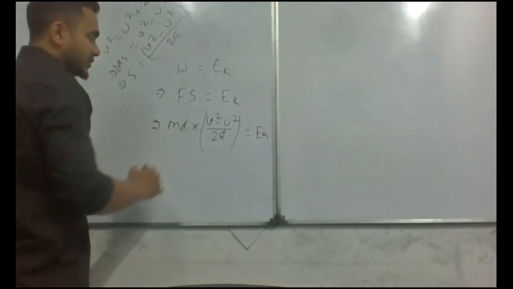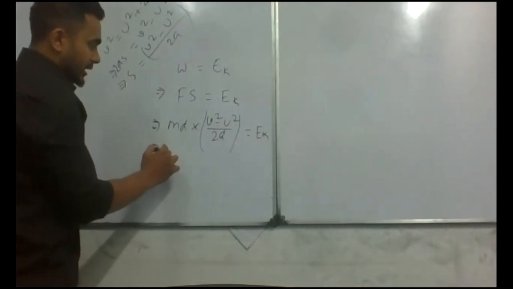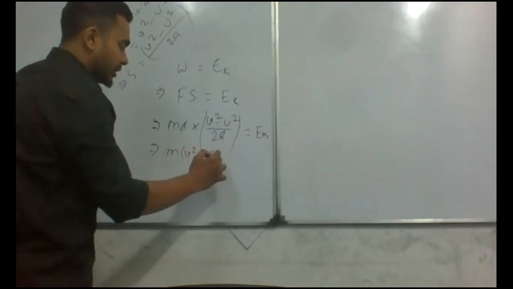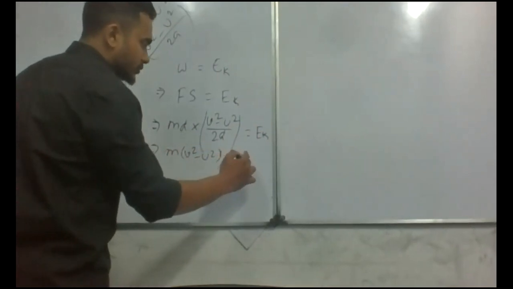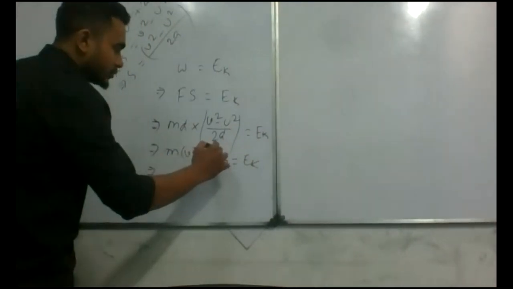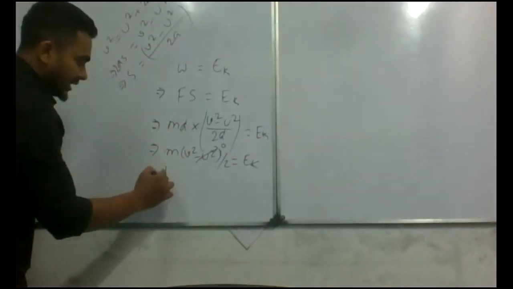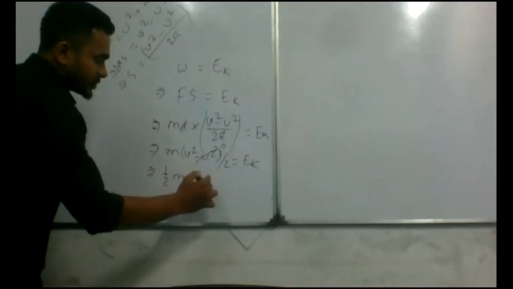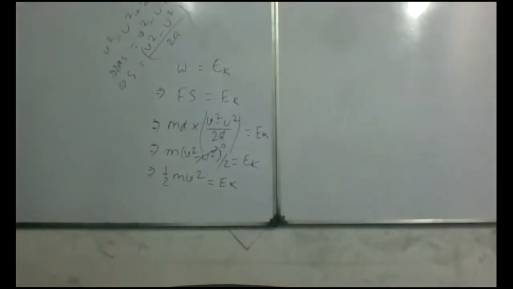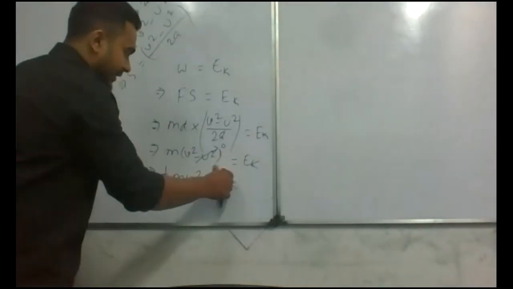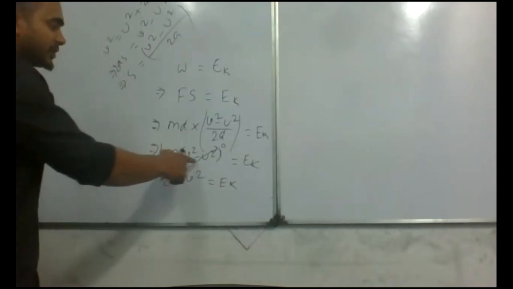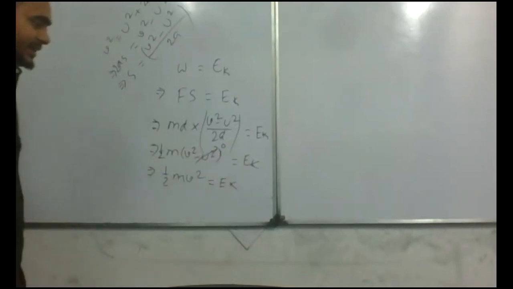So a যদি আমরা কেটে দিই কি থাকছে ইকুয়েশনে, m into v square minus u square divided by 2 equals to the kinetic energy, which is actually, if u square is 0, which is the initial velocity, half m v square equals the kinetic energy, which means the equation is proved, right? Or চাইলে আমরা এখানে এই divided by 2 টাকে সবার আগে লিখতে পারতাম half. So খেয়াল করেন, half m (v square minus u square) equals to the kinetic energy, right?